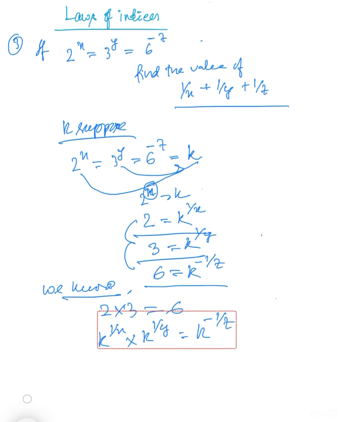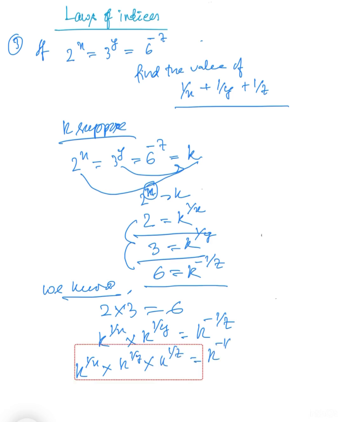And now if we multiply k to the power 1 by z on both the sides, it becomes k to the power 1 by x, k to the power 1 by y, k to the power 1 by z equal to... right.